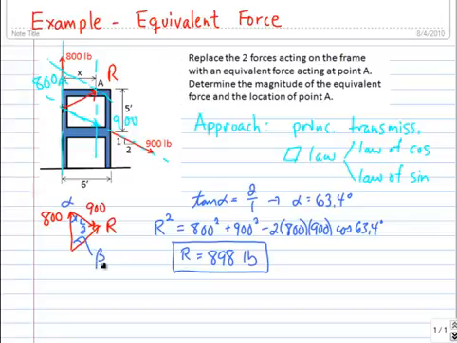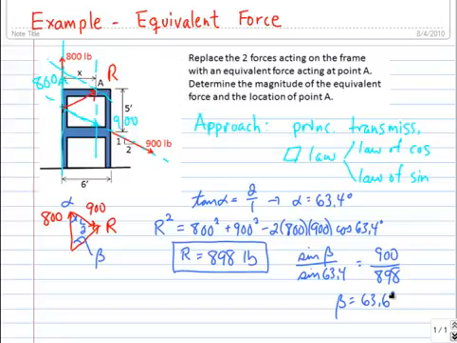We can find that angle using the law of sines. The sine of beta over the sine of 63.4 has to be equal to the ratio of the opposite edge lengths, so it's 900 divided by 898. This gives beta equal to 63.6 degrees.